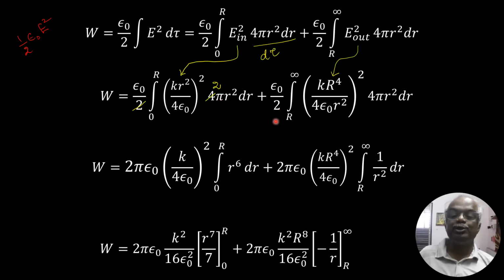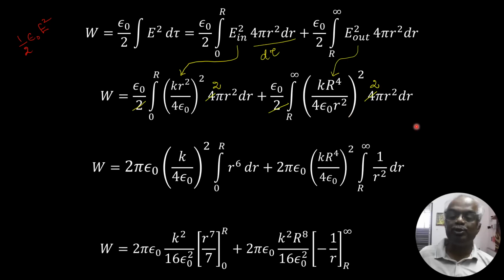Similarly, you come to the second integral. In the second integral also, this 2 will get cancelled with this 4, you will get 2 pi. You take 2 pi outside, so 2 pi epsilon naught. Here the constants are k r squared over 4 epsilon naught whole squared. So you leave 1 over r squared here.